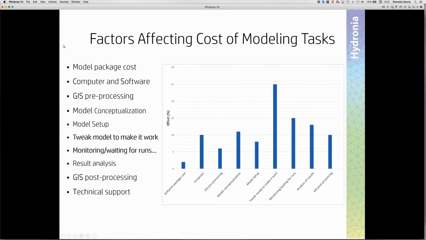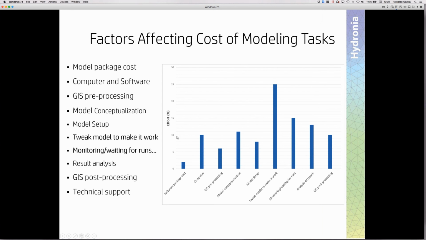We identified, based on users' experience, the more important factors affecting the cost of modeling tasks, like model package cost, computer and software, other software like GIS software, GIS pre-processing time, model conceptualization, model setup, tweaking the model to make it work, whatever it is, waiting for runs, result analysis, GIS processing, and technical support is a different thing.